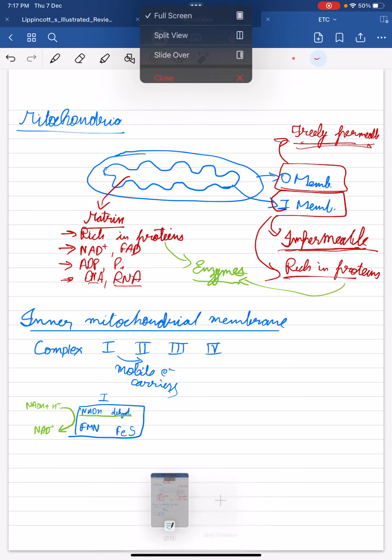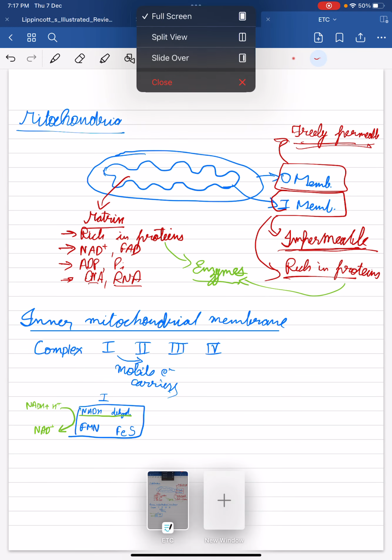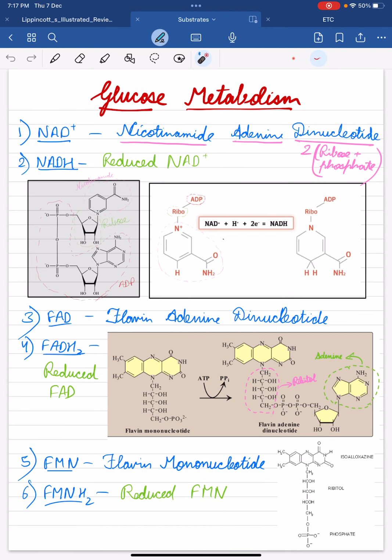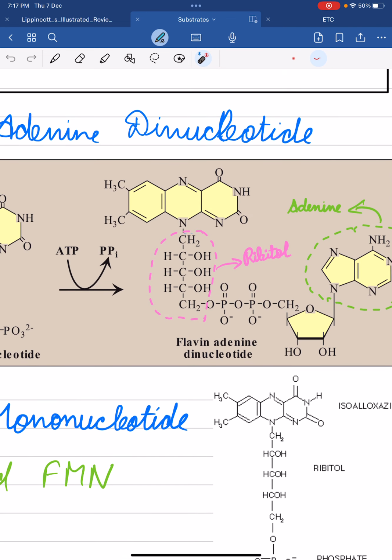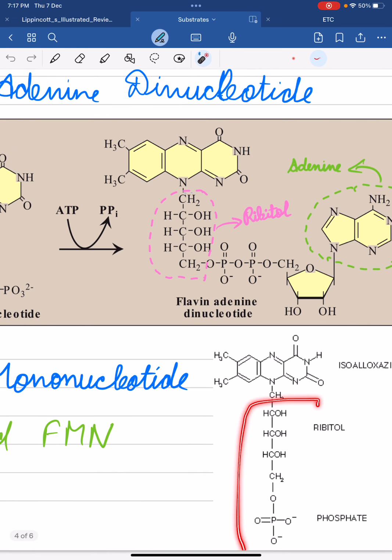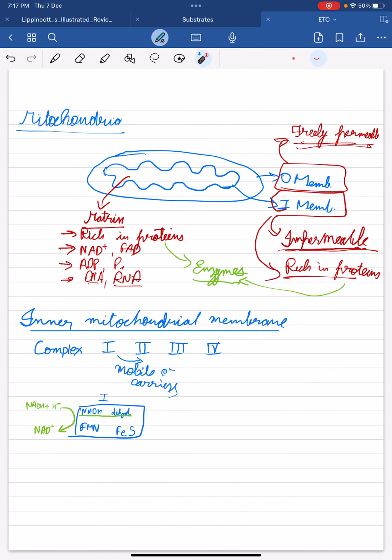And the FMN is the flavin mononucleotide, which looks like this. It is the flavin group, and this is the mononucleotide group containing sugar and phosphate. So flavin mononucleotide gets converted to FMNH2.